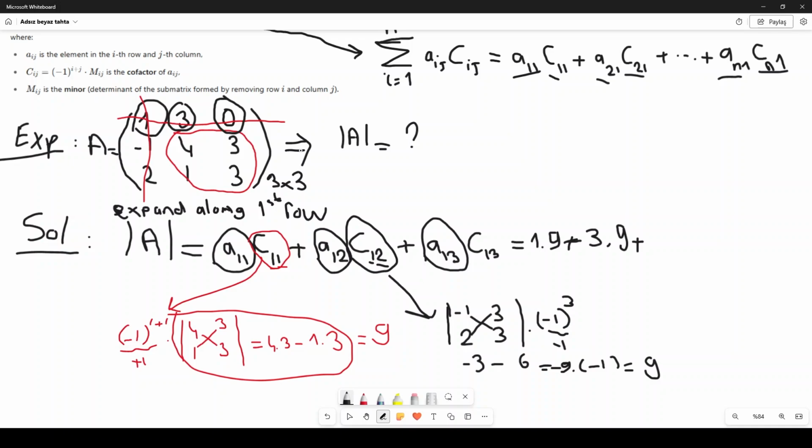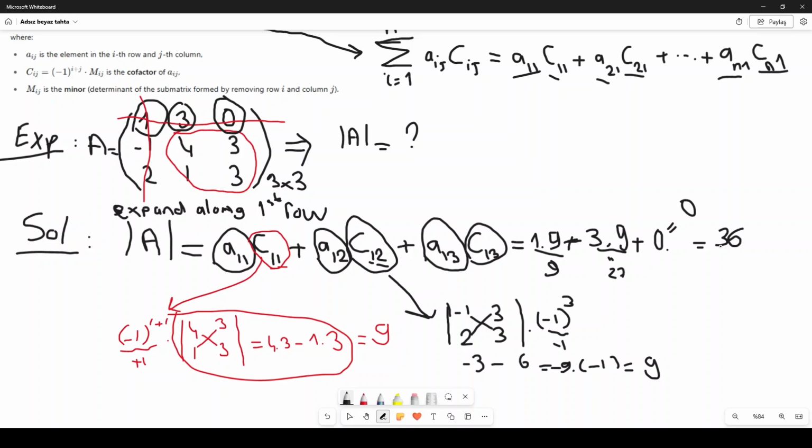So I don't even need to compute the cofactor here, because 0 times some value is equal to 0. So the third term is equal to 0. And then what is the determinant? This is 27, 3 times 9, and this is 9. So we have 36.